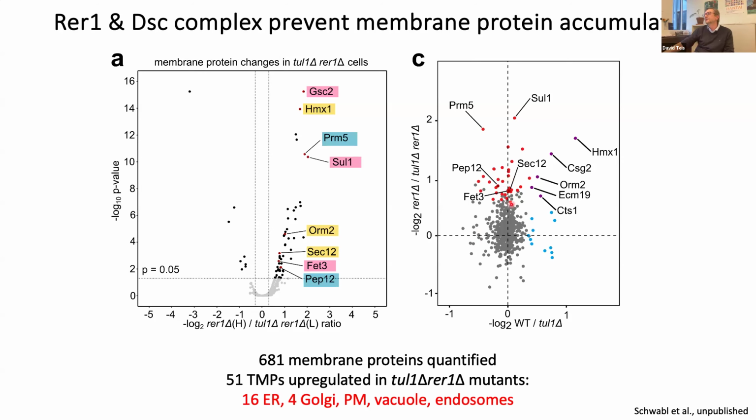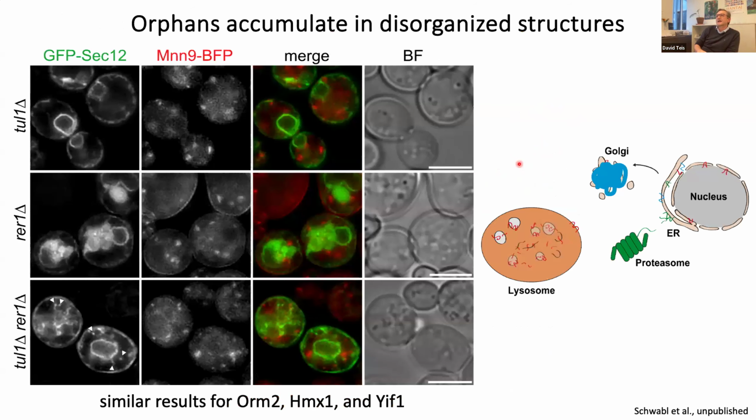And they accumulate specifically in the double mutant, but not so in TAL1 single mutants. And reassuringly, Sec12, the main cargo for RER1, was also upregulated in these hits, suggesting that you need the DSC complex to degrade Sec12 once it escapes from the ER. And that can be demonstrated nicely by live cell fluorescence microscopy.